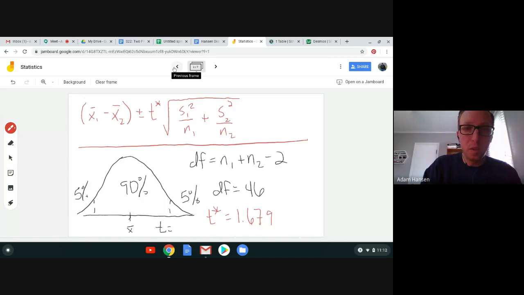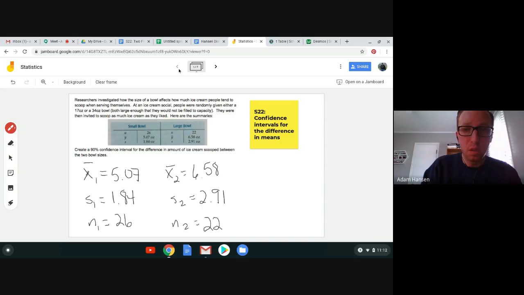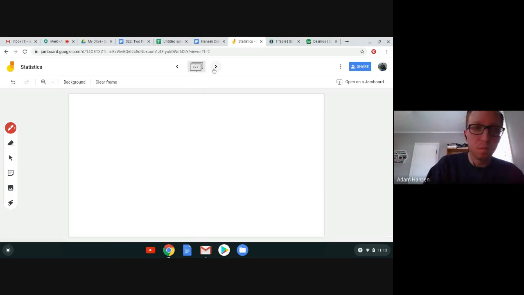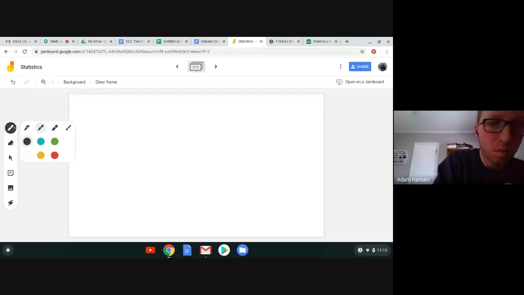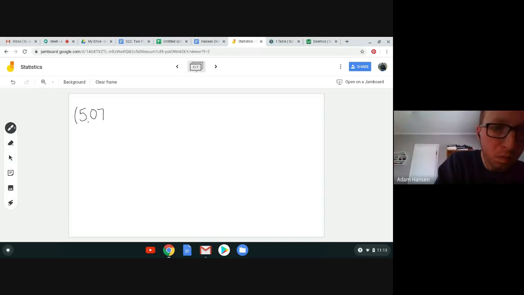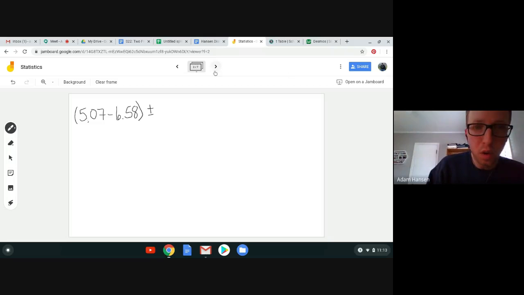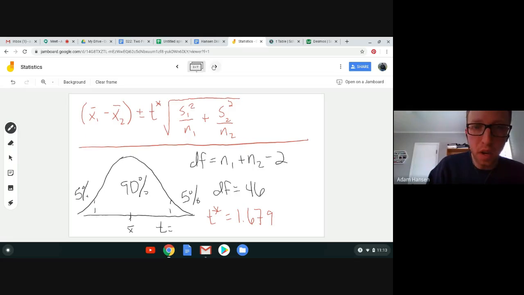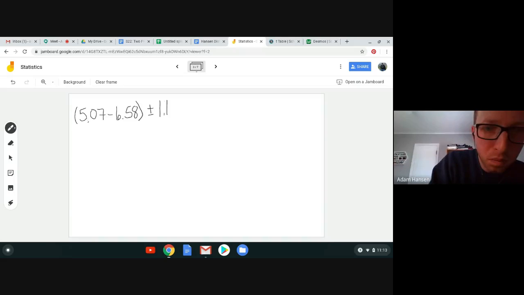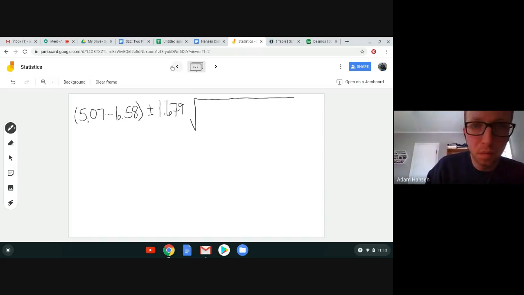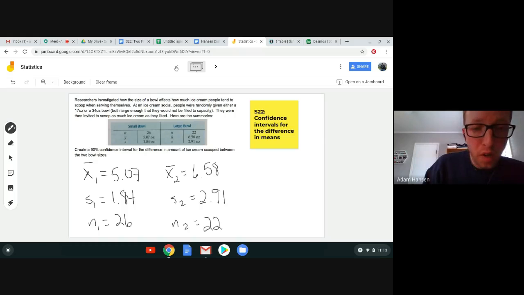I need the difference in our two sample means, so 5.07 minus 6.58, plus or minus the margin of error with our t-score of 1.679, times our standard error of 1.84 squared divided by 26.